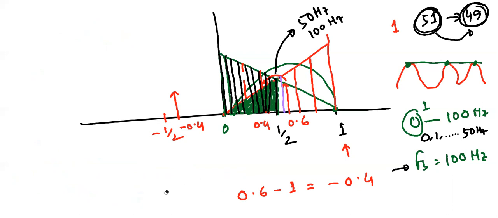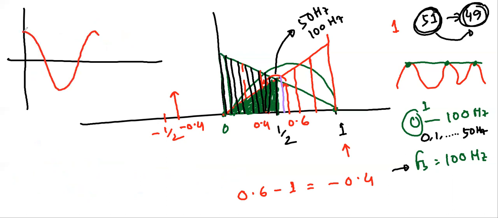Let me draw a diagram that will give you a clear message. Say you already have this 49. Let's just think that this is your 49 hertz, the original 49. Though I'm drawing an analog signal, it is of course a discrete one. So what is the frequency?